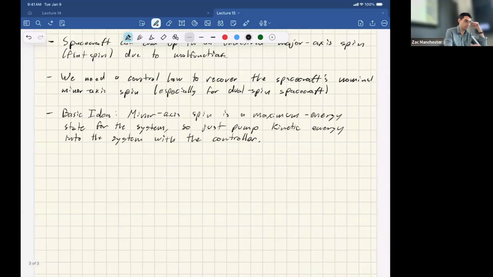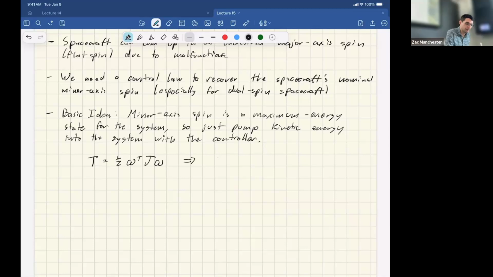So kinetic energy is what here? It's T equals one half omega transpose J omega, because we're spinning. Done this before. Now I want to take the time derivative of this.